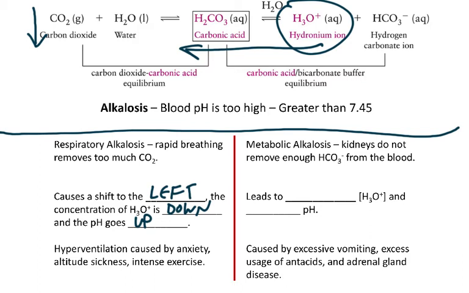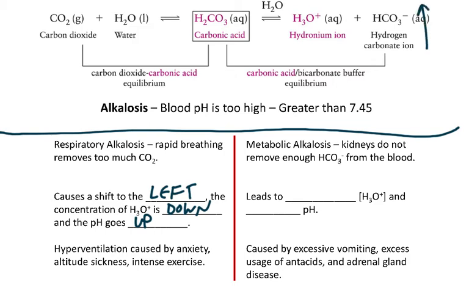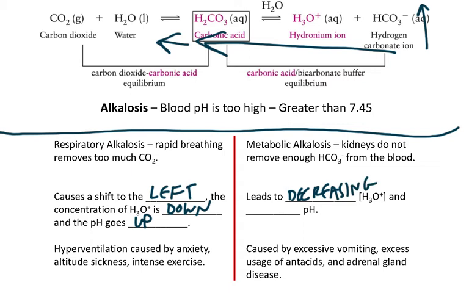So in this case, if the kidneys do not remove enough bicarb from the blood, so they're regulating that, they can add or remove it. So if bicarb levels get too high, right, it's going up, then this would cause a shift to the left, right, which would lead to decreasing H3O plus and thus an increase in pH.